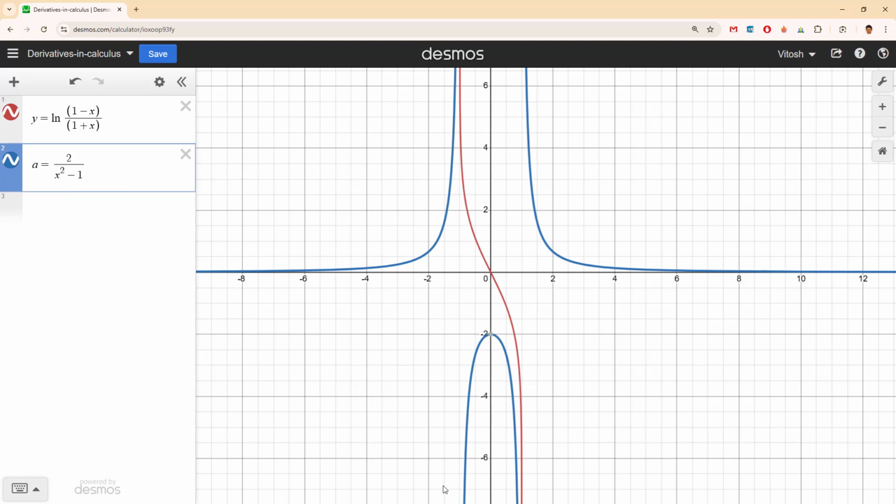As you see, it has asymptotes, obviously 2 of them horizontal, somewhere around 1, and pretty much that's it.